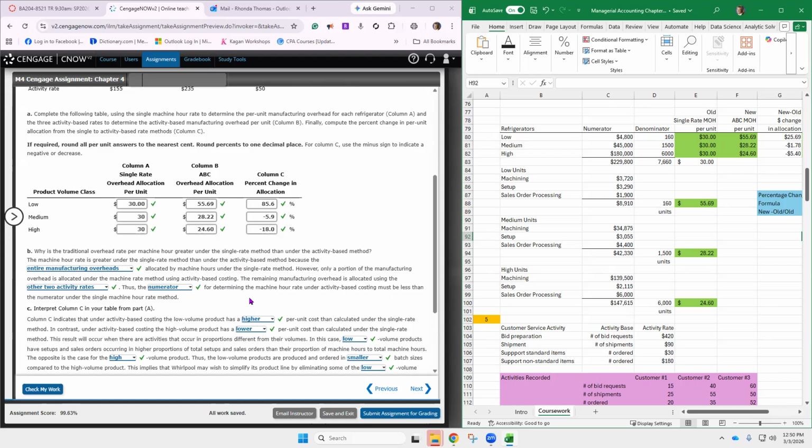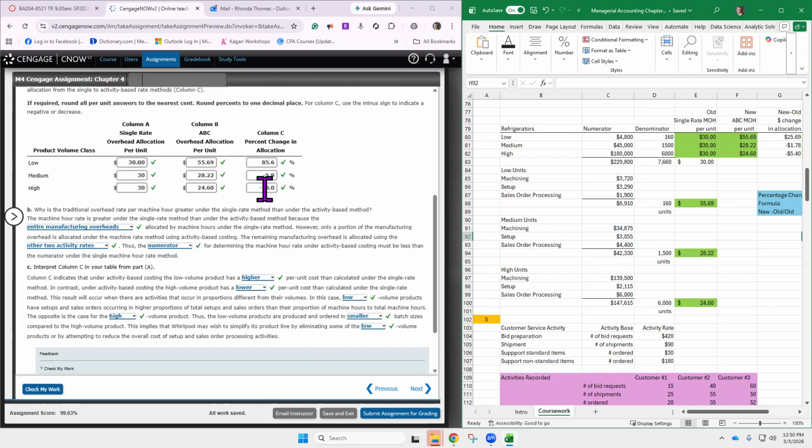However, only a portion of the manufacturing overhead is allocated under the machine rate method using activity-based costing. The remaining manufacturing overhead is allocated using two other activity rates. Thus, the numerator for determining the machine hour rate under activity-based costing must be less than the numerator under the single machine hour rate method.